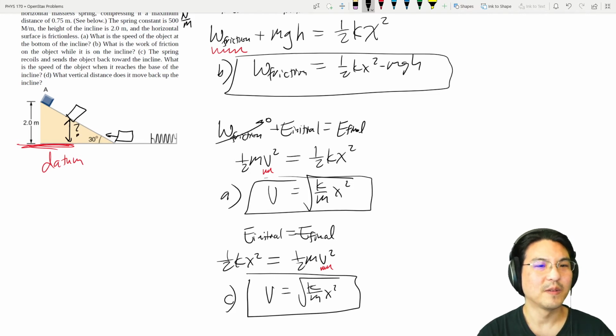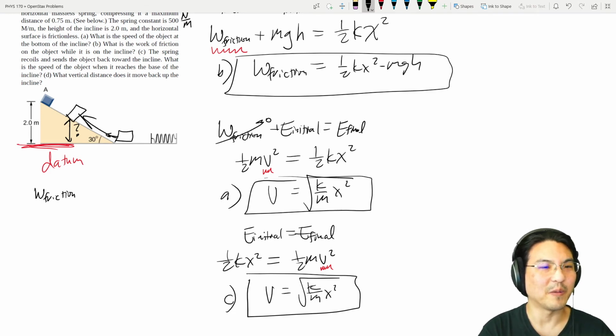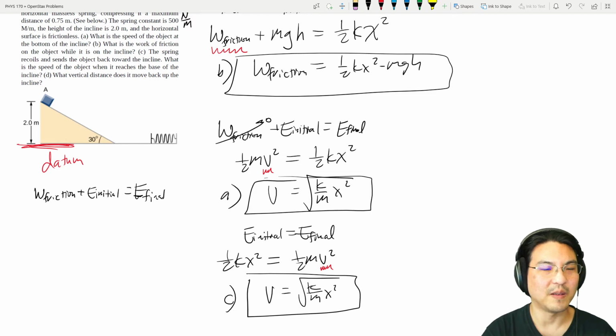Okay, so let's write that. So work by friction on its way up the ramp. Initial, final. Okay, so initially we are here at the bottom of the ramp with some speed. And then we don't know this yet, work by friction. Let me just leave it like that.